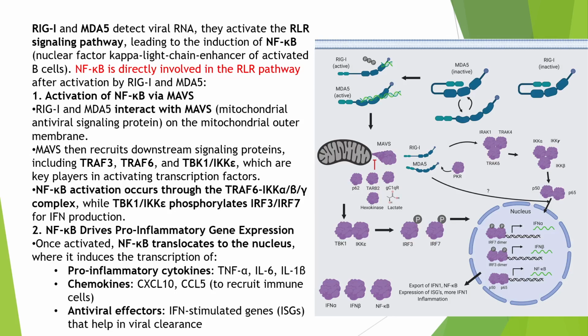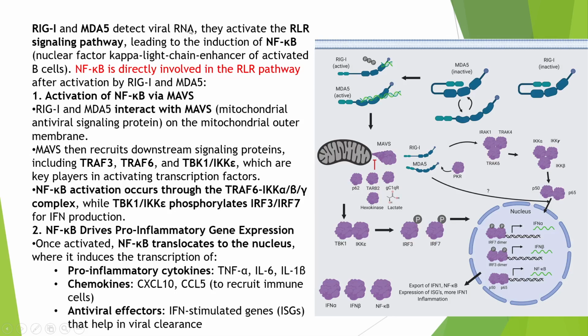Next is how RIG1 and MDA5 detect viral RNA and how NF-kappa B is involved in this pathway. RIG1 and MDA5, as we know, are part of the RLRs.